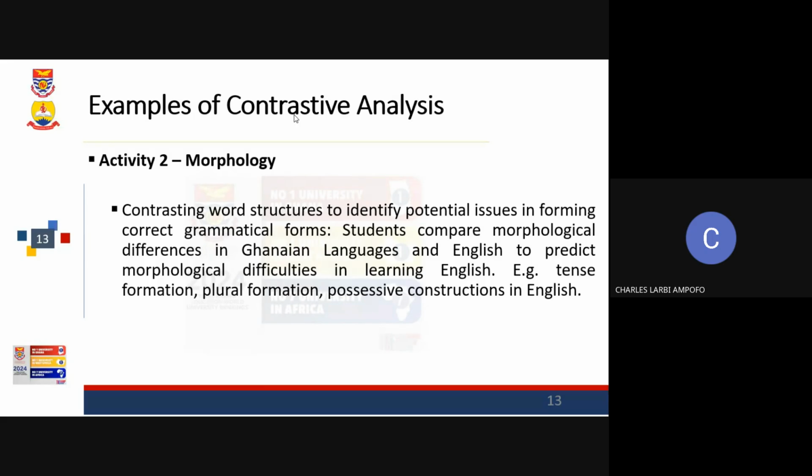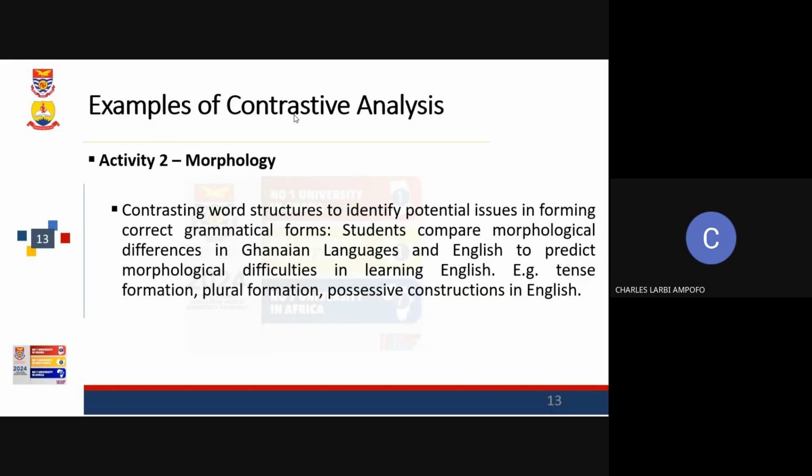It says contrasting word structures to identify potential issues in forming correct grammatical forms. So students compare morphological differences in Ghanaian languages and English to predict difficulties in learning English. I spoke about this earlier: the tense formation process, how we form past tense, present tense, present continuous, past perfect, and all that.